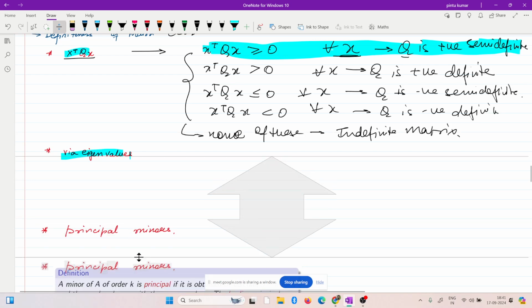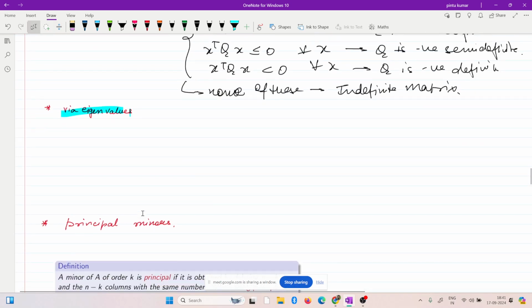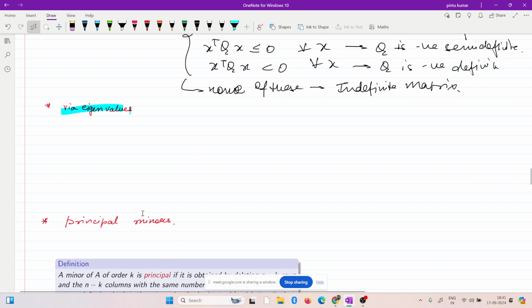The second way to check whether a matrix Q is positive semi-definite or not is via eigenvalues.